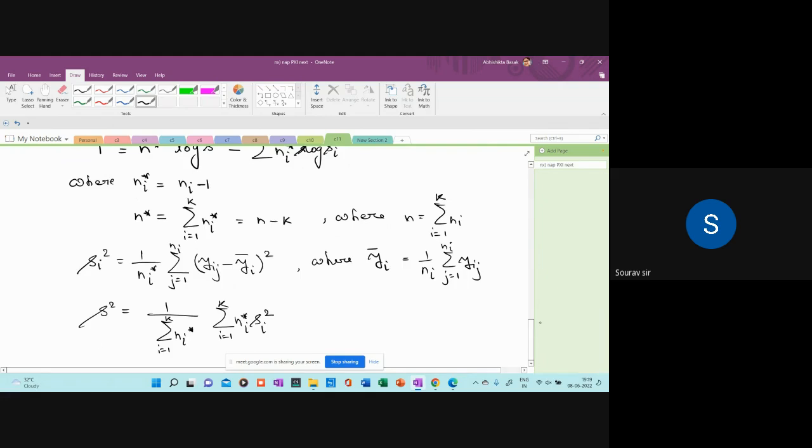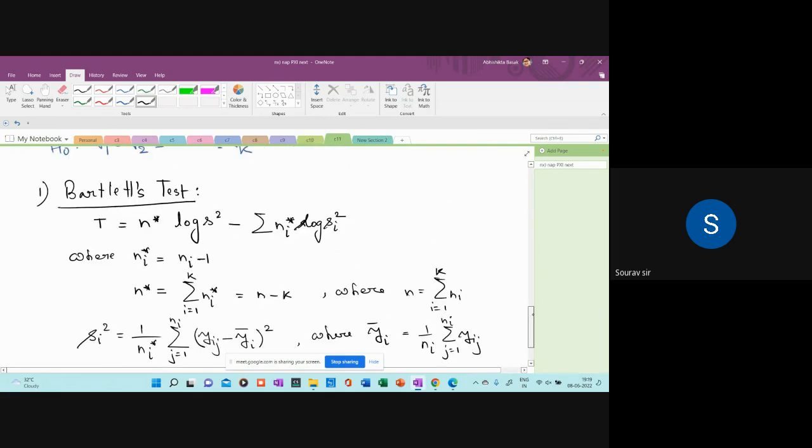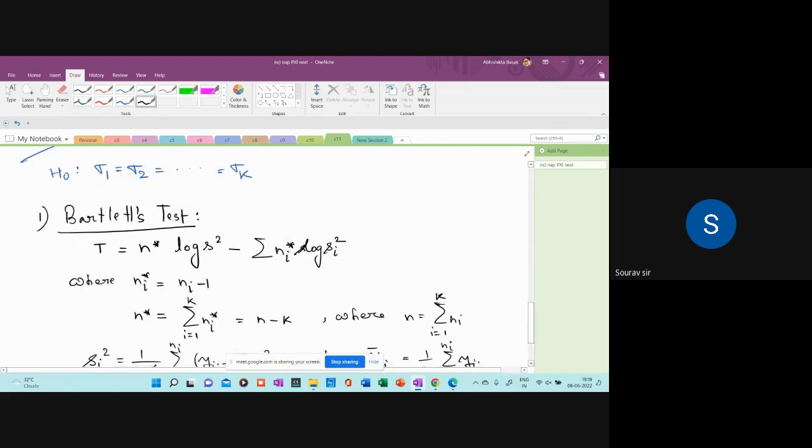Okay, so these are the corresponding values. So this is the value of my test statistic, which says N star log of S square minus summation over Ni star log of Si square, where Ni star is Ni minus 1.